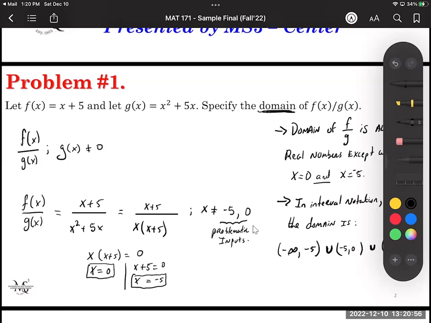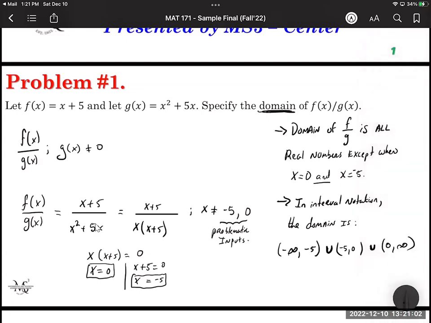That's no good. If you plug in x equals 0, then you're still going to get 0. It's no good. So those are the two values that you have to exclude from your domain. Your domain now is everything else. It's all real numbers, but these two specific values.